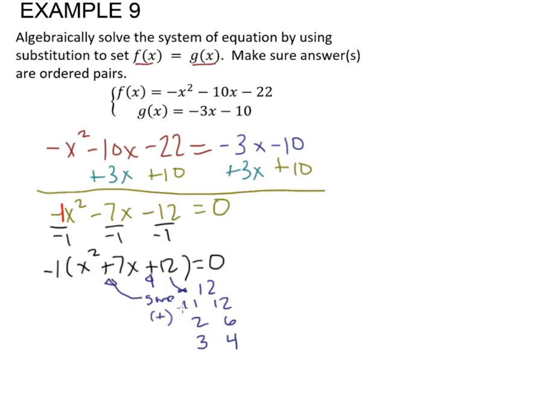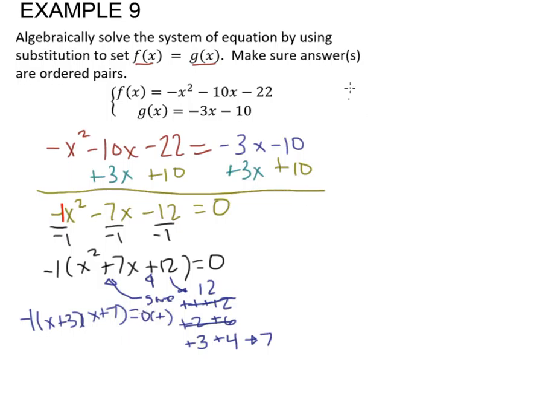So that's positive 1, positive 12, positive 2, positive 6, positive 3, positive 4. And which ones are going to combine to give me 7? 1 and 12 don't. 2 and 6 gives me 8. 3 and 4 are the only ones that give me 7. So those are your factors. Okay, so we have negative 1 times x plus 3, and then x plus 7 equals 0.